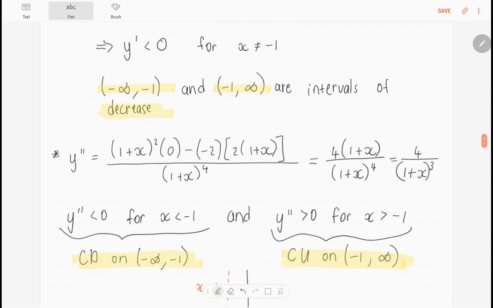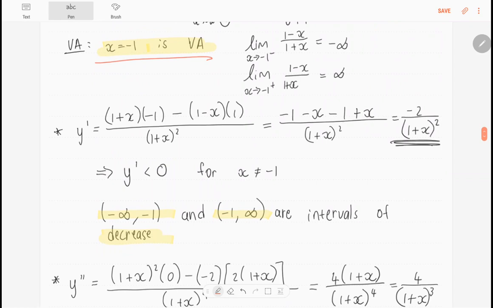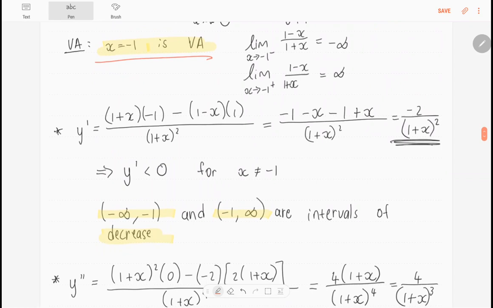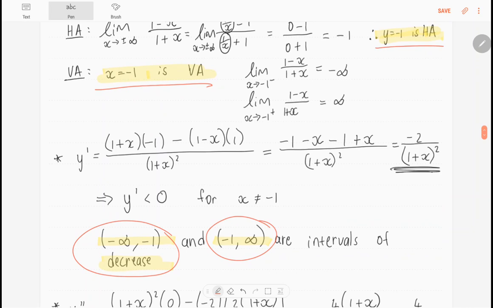Then we also showed that we have an interval of decrease from negative infinity to negative 1, and also from negative 1 to infinity. Another thing we said is that when x approaches minus 1 from the left, we have our curve approaching negative infinity.